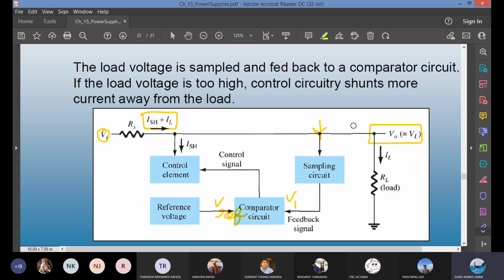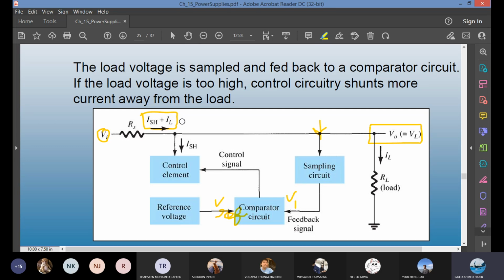Sometimes we have a faulty load. Sometimes the resistor gets worn out, creating the risk of a short circuit or a high current. If the sampling circuit senses some disturbance, which will show up as a difference between your feedback voltage and reference voltage, it will send a control signal.